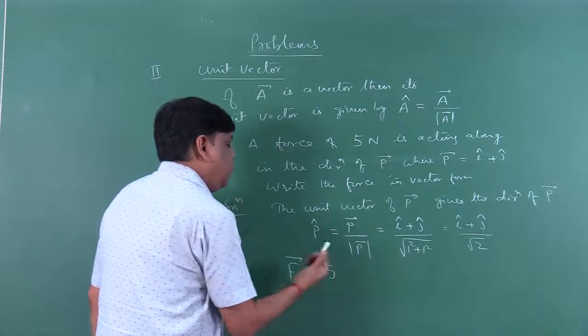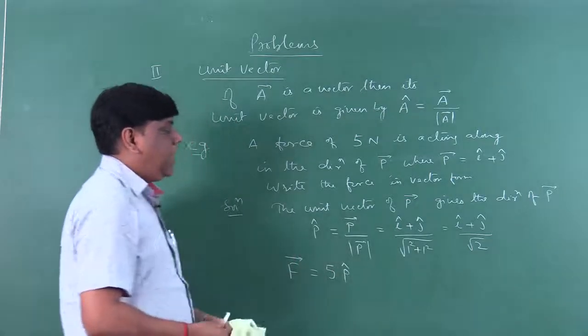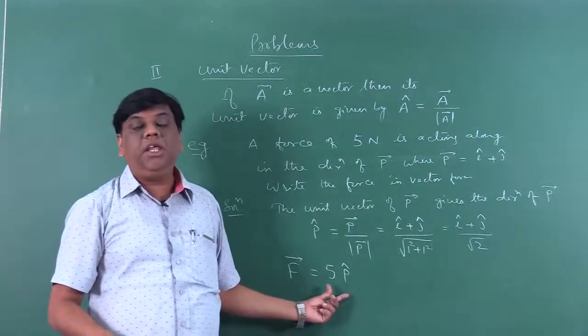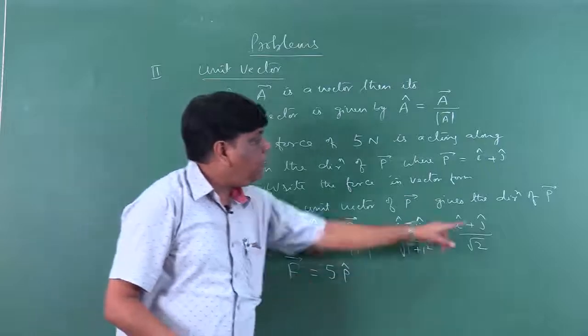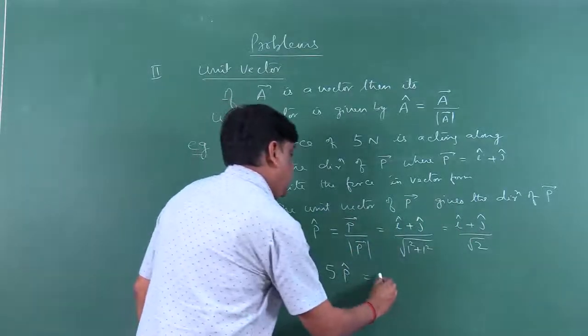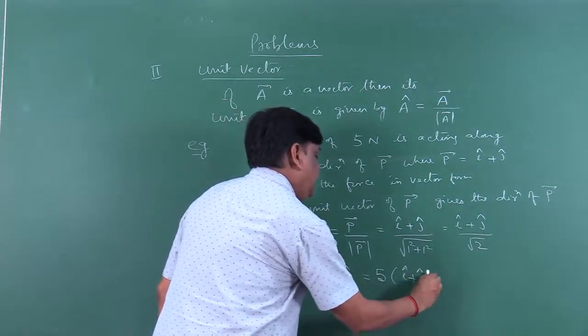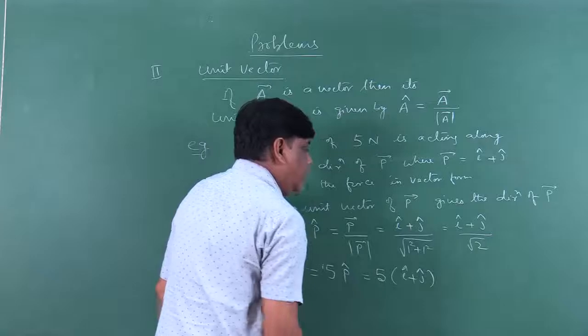So magnitude is 5 Newton, for direction it is p cap, but as we know कि p cap को तो कोई समझ नहीं पाएगा, तो p cap is already expressed in terms of i cap and j cap. So I can write the answer, it is 5 times of i cap plus j cap divided by root 2.